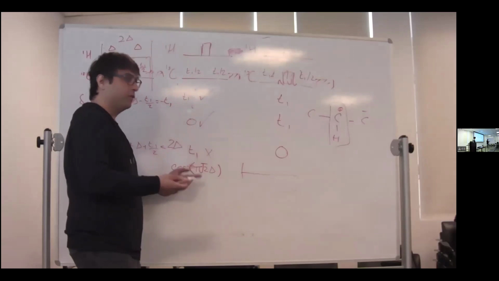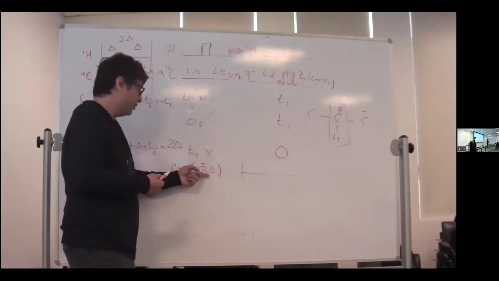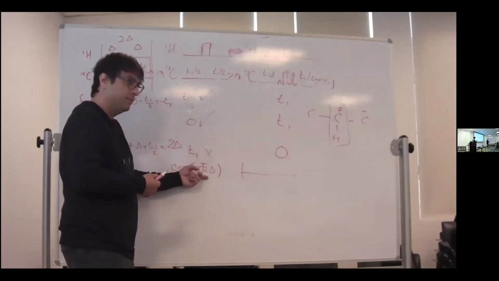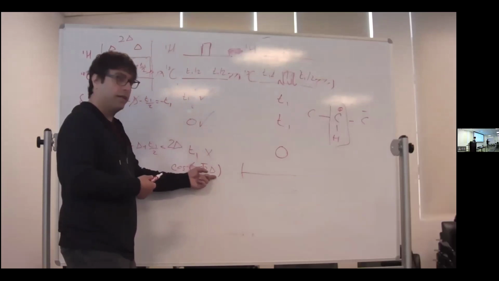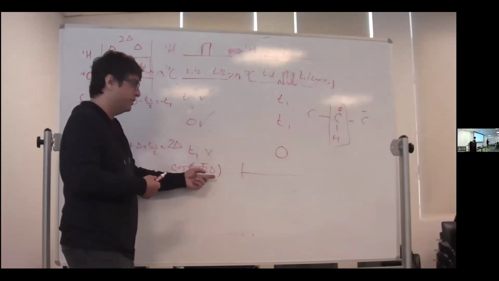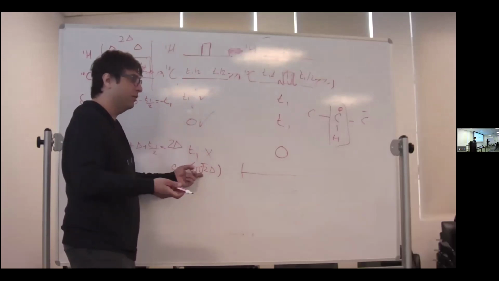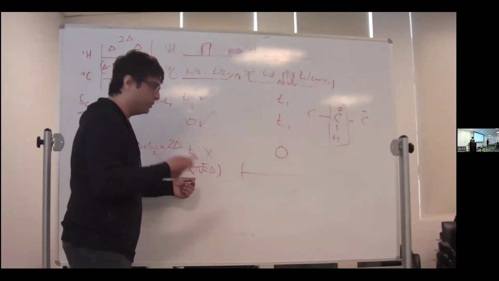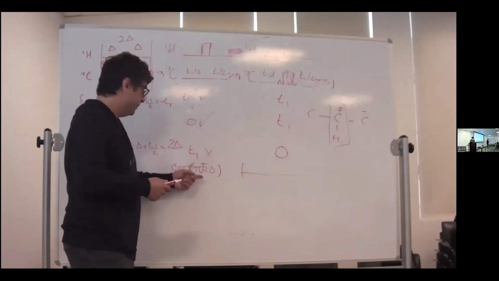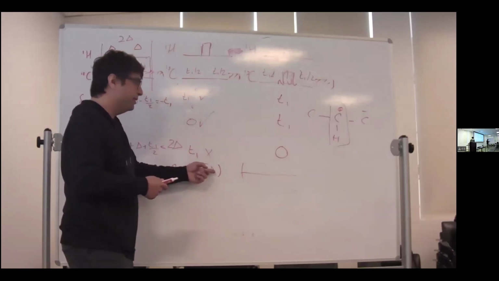So in order for this to be 1, how do I make this 1? Under what conditions? Multiples of 4J, 1 over 4J. So delta has to be set in such a way.